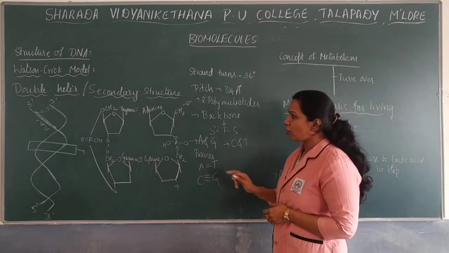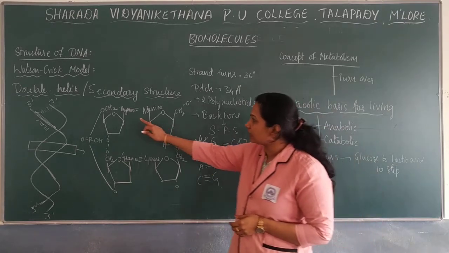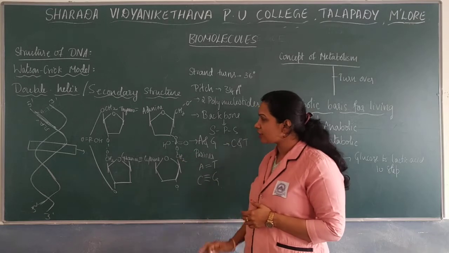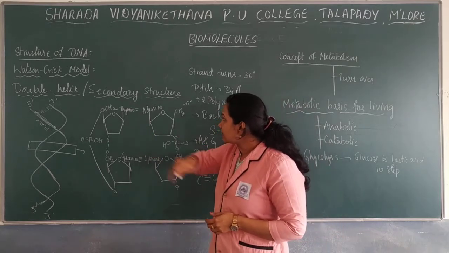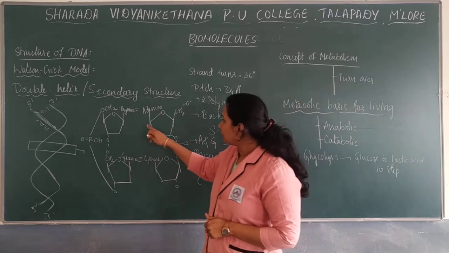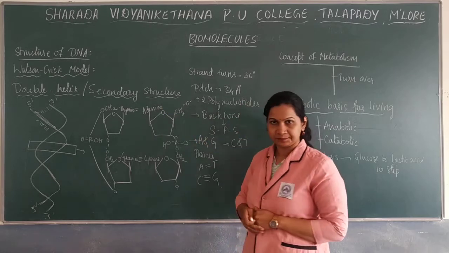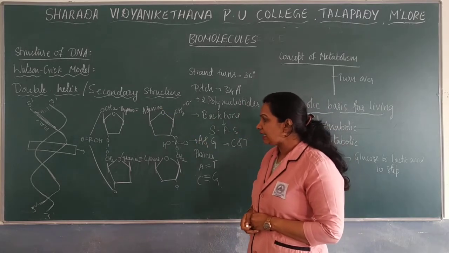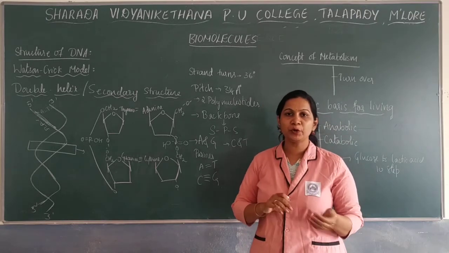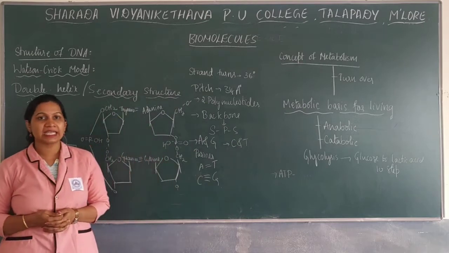Here you can see the detailed structure, where there is a thymine and here there should be adenine. Adenine pairs with thymine, guanine pairs with cytosine. So the amounts of purines and pyrimidines are equal.